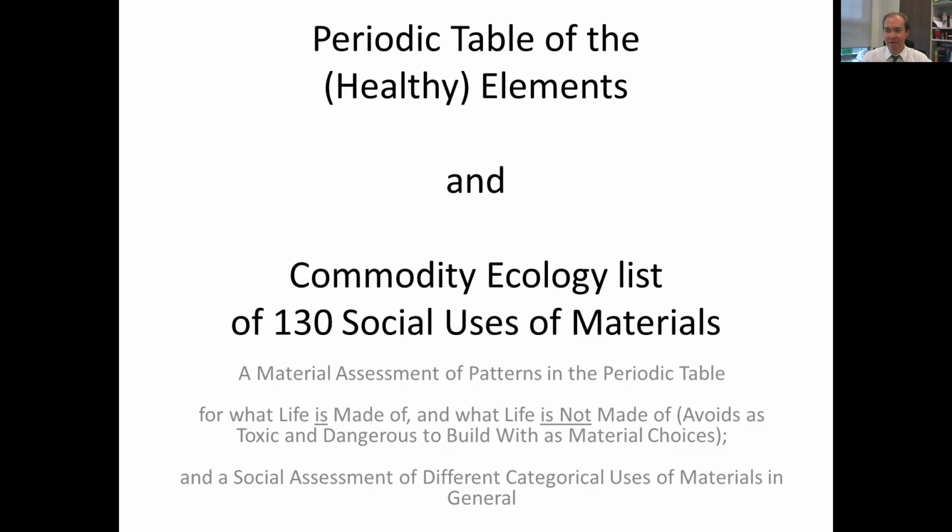And even something as innocuous as a textile has a lot of different ramifications. Why? Because as I said, materials are not abstract. Last time I said, every material is slightly biased in some way. And that biases the social, the political, economic world that we live in. So without further ado, let's look at the periodic table of the elements and then at the commodity ecology wheel.